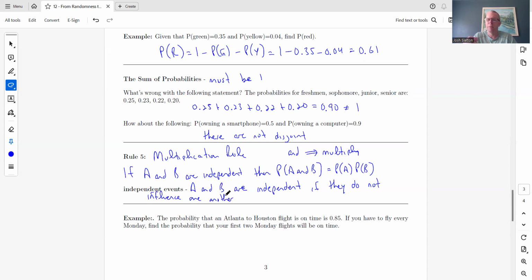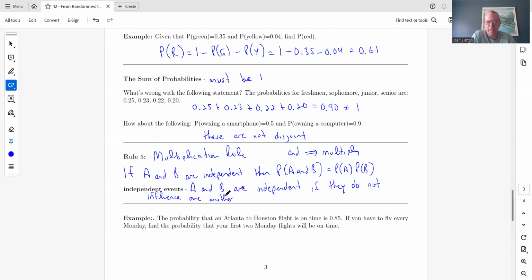Then what's the probability you get red on the second flip? Now you only have 9 cards, and 4 of them are red and 5 are black. So it went from 5 out of 10 to 4 out of 9. The probability changed based on what you got on the first flip, so those would not be independent. Independent events means if one happens, it does not change the probability of the second one happening.